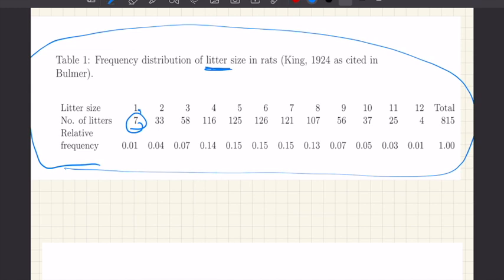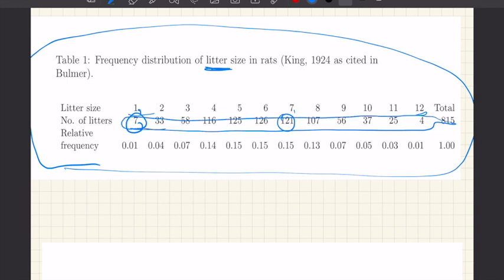And for example, 121 rats gave birth to 7 babies at once, and so on. So this 1, 2, up to 12, this is the number of babies born at once, at the same time. And these numbers are the mother rats that gave birth to this number of babies.